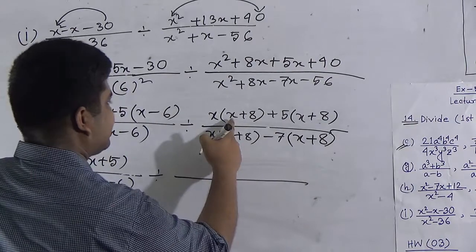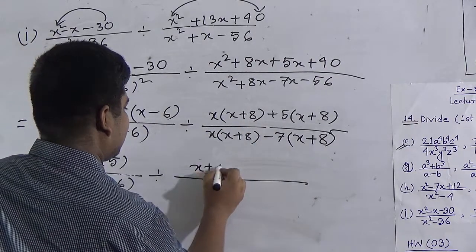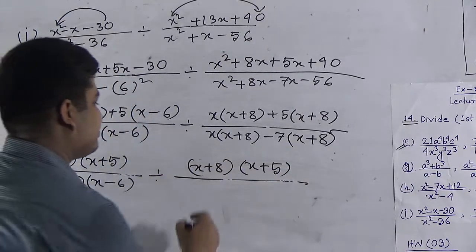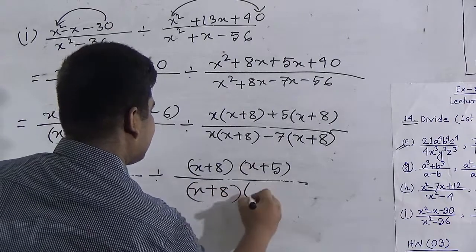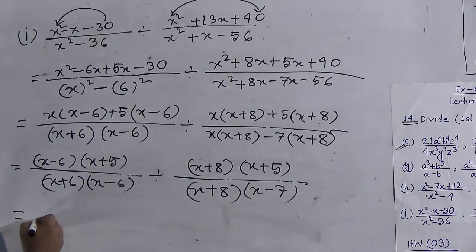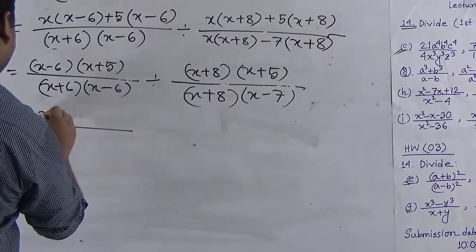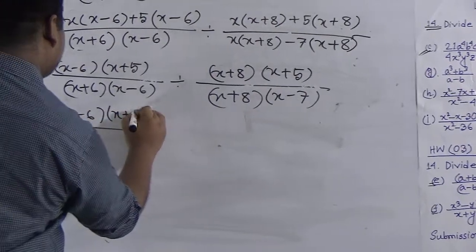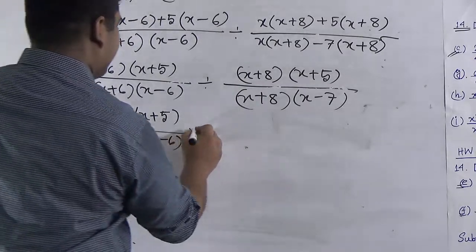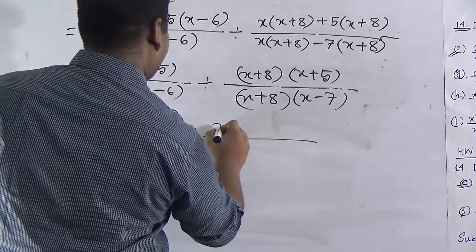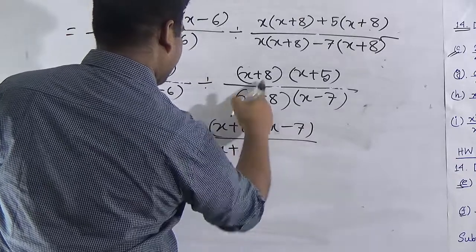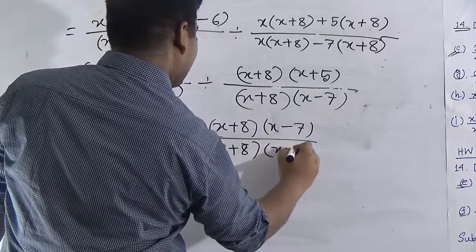Divide, again notice x plus 8, x plus 5. Okay, here left x plus 8 and x minus 7. Okay, now we do multiplication. The denominator of this will be the numerator, x minus 7, and the numerator will be the denominator, x plus 5.